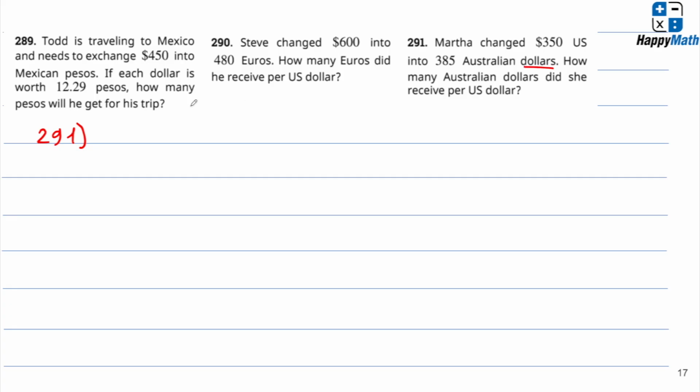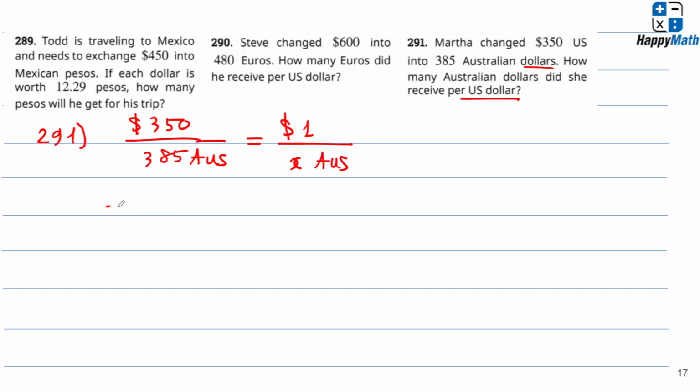Okay, so 291. Australian dollars. Okay, dollar, 385 Australian. Now the question asks you about how many Australian dollars per US dollar. Per US dollar means $1. One here, US dollar here, h Australian. Okay.